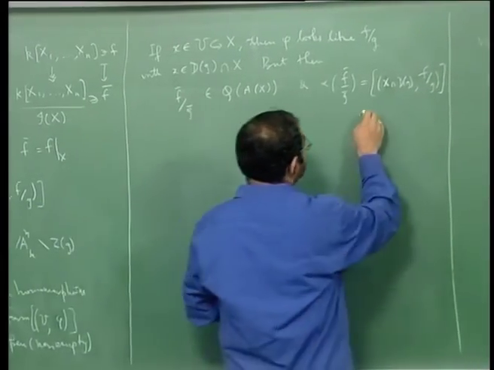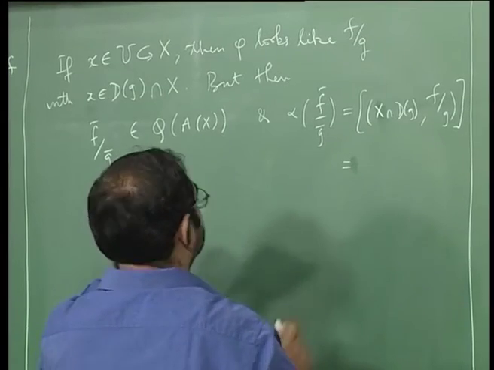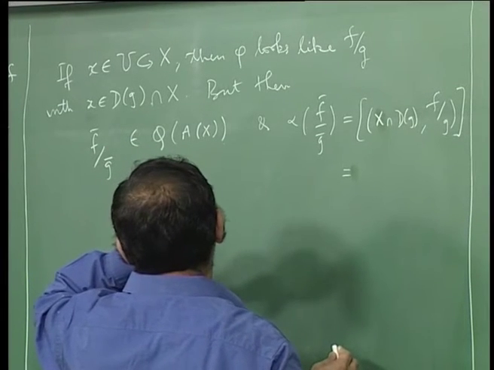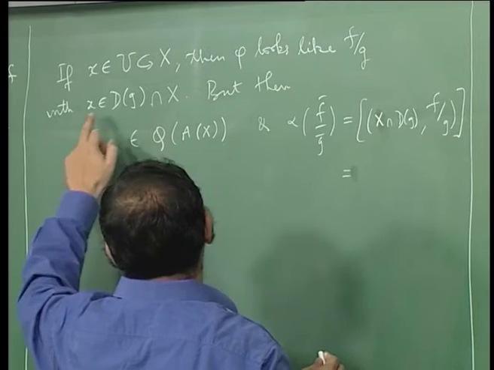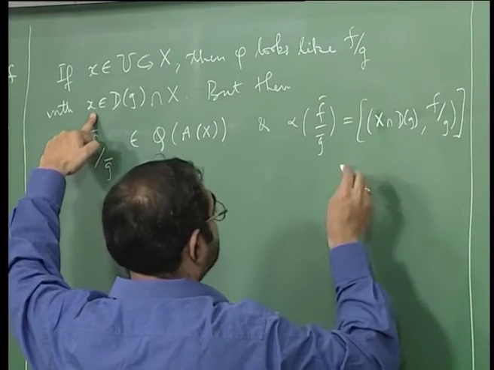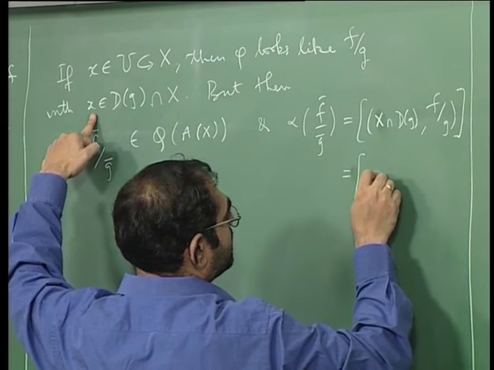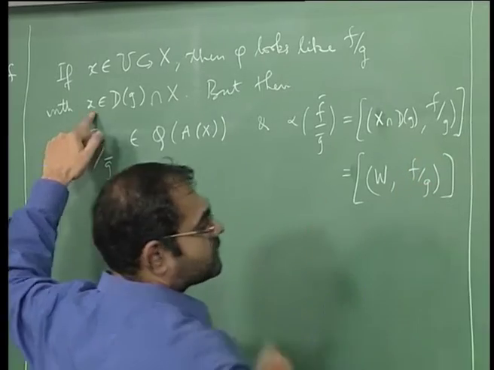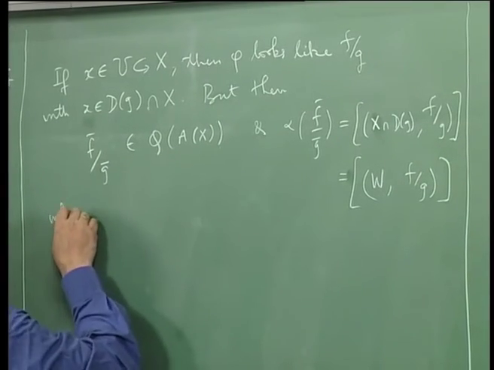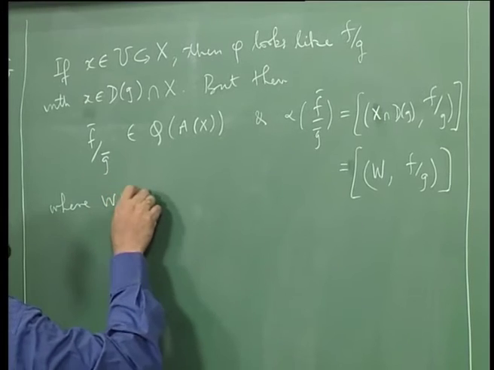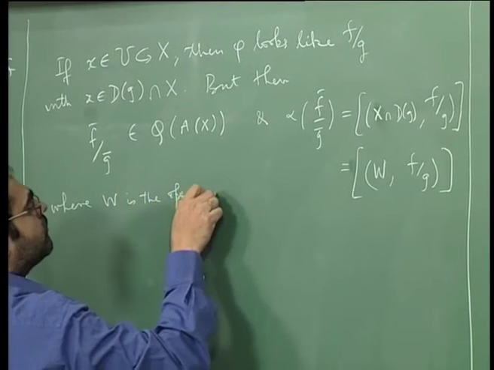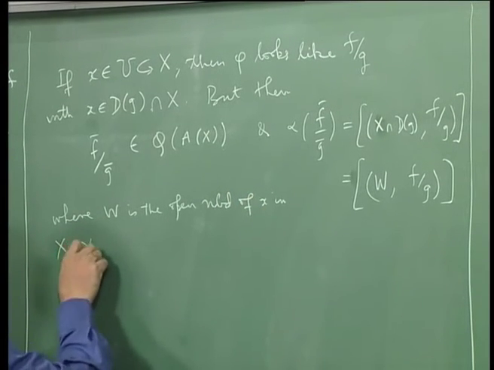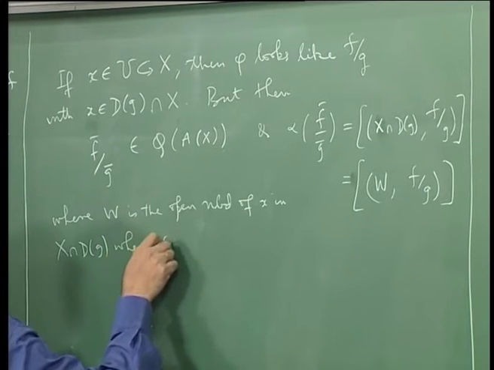But then notice that this is the same as (W, f by g), these two are the same, where W is the open neighbourhood of small x in X intersection Dg, where phi is equal to f by g.